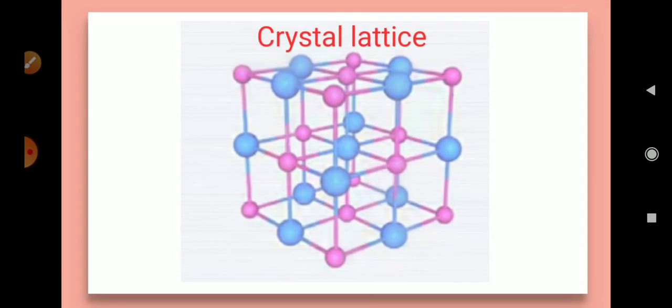As we know, a crystal lattice is made of a large number of unit cells, and every lattice point is occupied by a constituent particle, which can be an atom, molecule or ion.